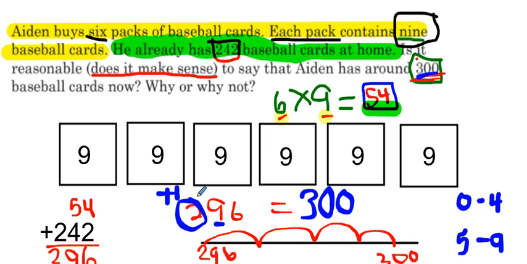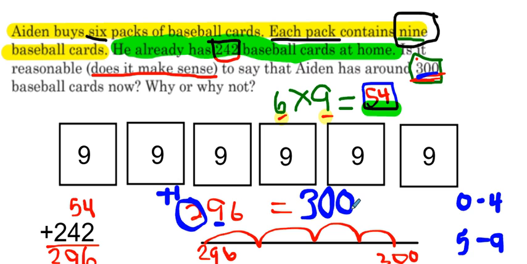But we needed to see if we round that number, if a good estimate would be that he has a total of 300 cards at home. Well, yes, he does, because when we rounded 296 to the nearest hundred, that will be 300.